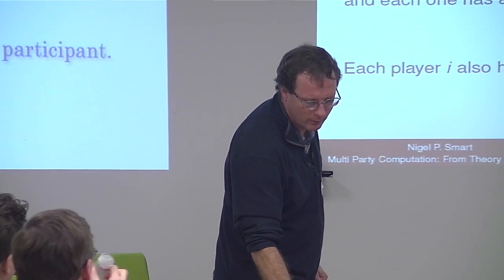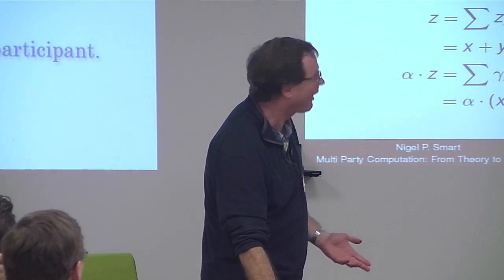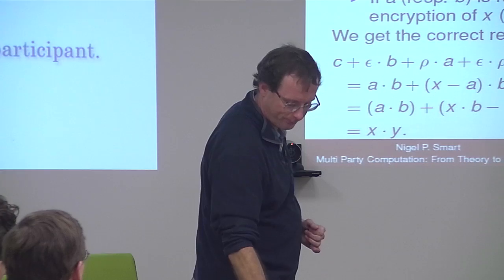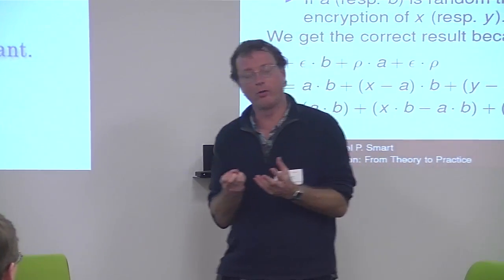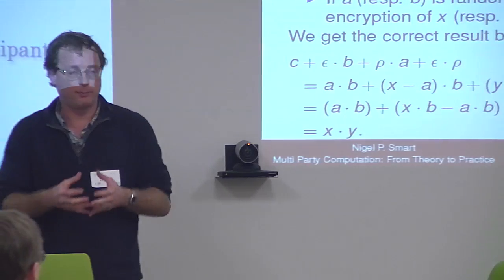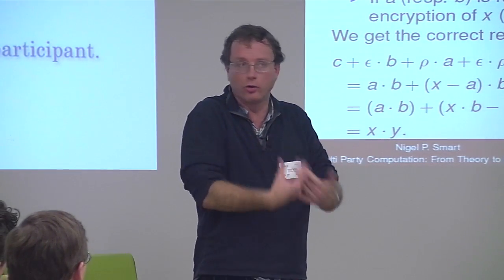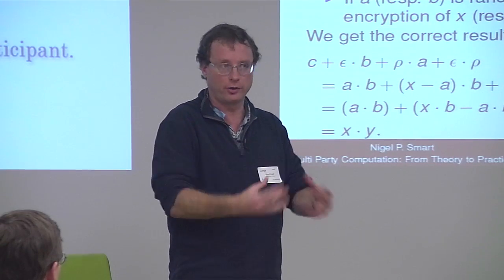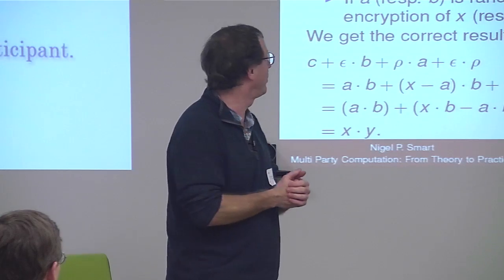Okay. So that's how we evaluate the circuit. We can add by doing that, and we can multiply by doing that. And if we just did that, we would have a protocol that is passively secure. In other words, if we could guarantee that the adversaries always followed the protocol, we would be able to compute any function securely without revealing any information about the inputs.